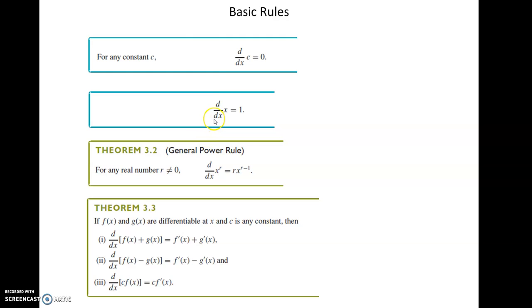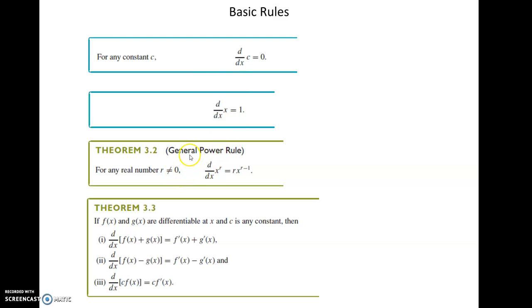Next, the derivative of the identity function. Please remember, d by dx you read as derivative of. So derivative of c is 0, and derivative of x, the identity function, is always 1.